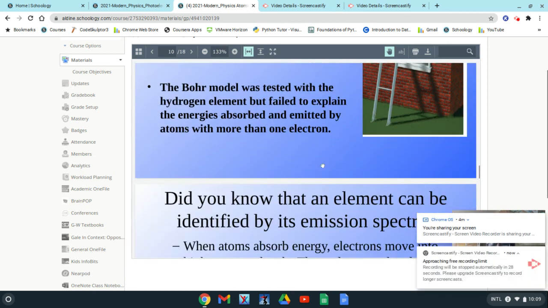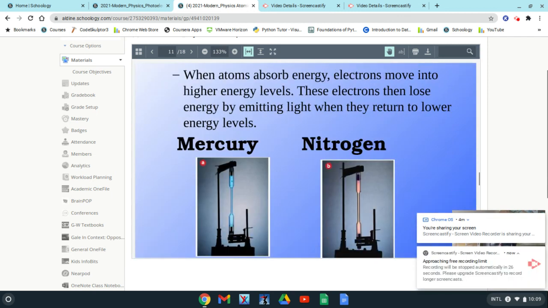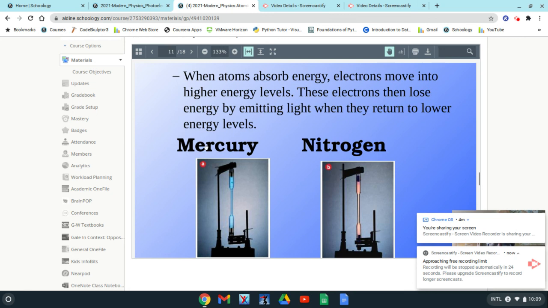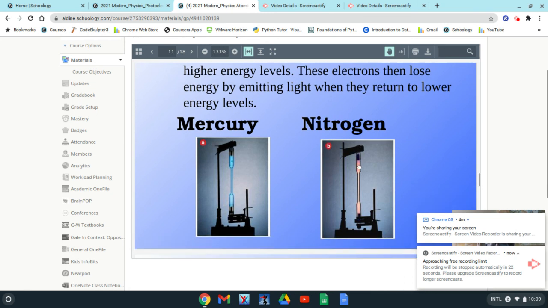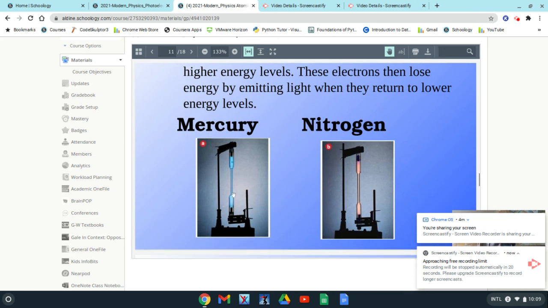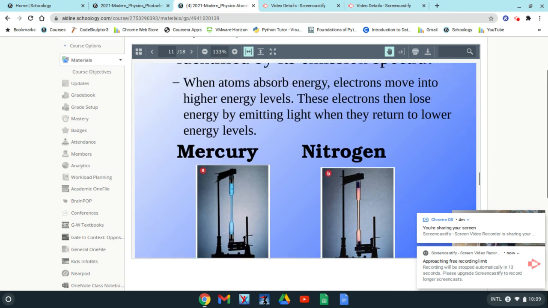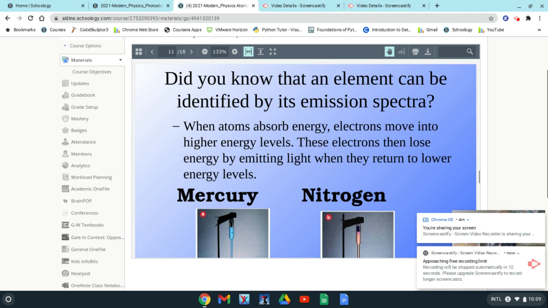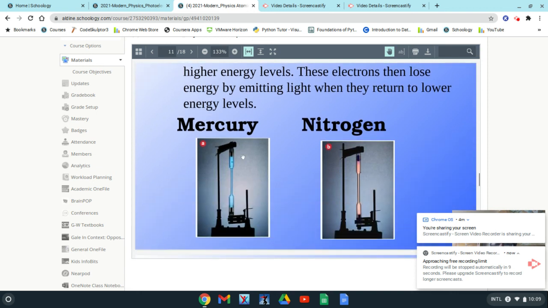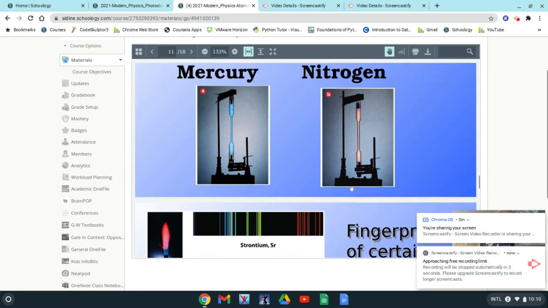So when we looked at, say, mercury or nitrogen, or one of these elements, and passed light through them to see what kind of light was being emitted, we see that there was a certain light that was given off for each element as you pass the current through it.